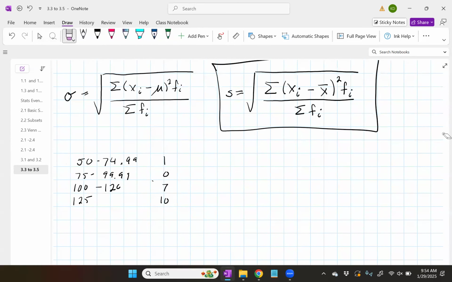That should be a 24.99. And then we would go up, it's every 25, so 149.99.